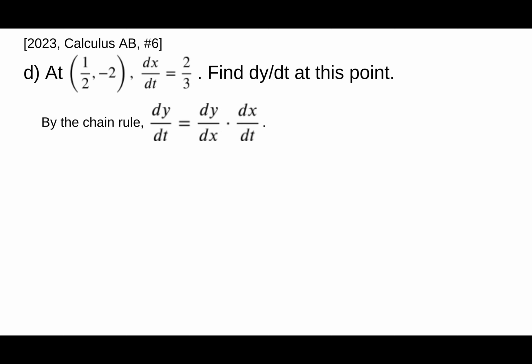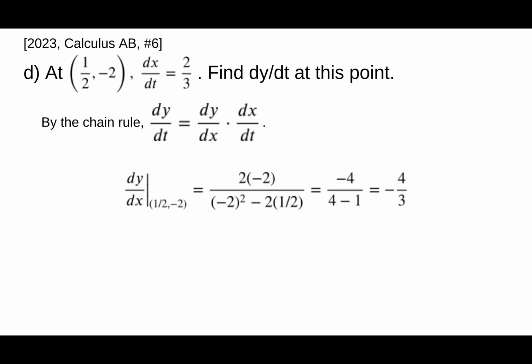And I have a formula for dy/dx, which I should be able to plug (1/2, -2) into. If I evaluate dy/dx at (1/2, -2), I get -4/3. So at that point, dy/dt should just be the product of those two things, -4/3 times 2/3, which is -8/9.